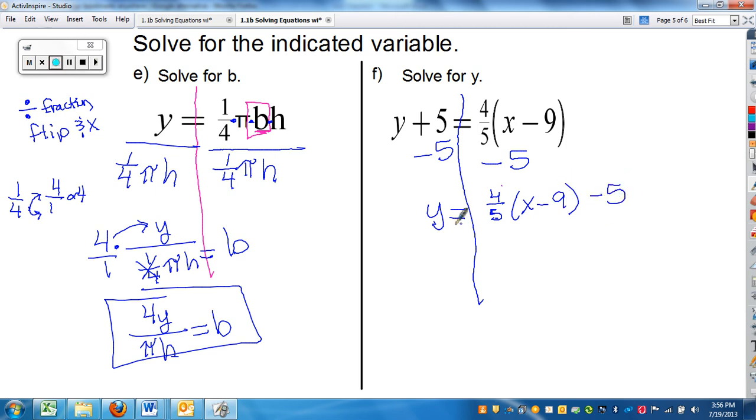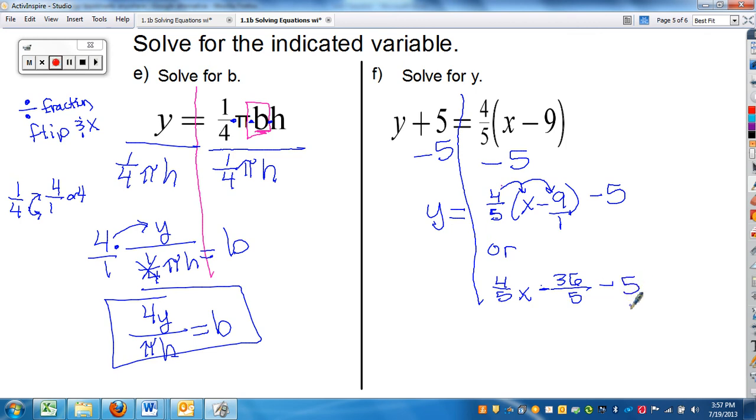minus 5. And you can be done there, or if you want to practice simplifying a little more, you could do a couple other things. We can get rid of the parentheses, because normally when we see solutions, sometimes we don't have parentheses in there. You can distribute your 4/5, and then 4/5 times 9, that is 4 times 9, which is 36 over 5, or 7 1/5.